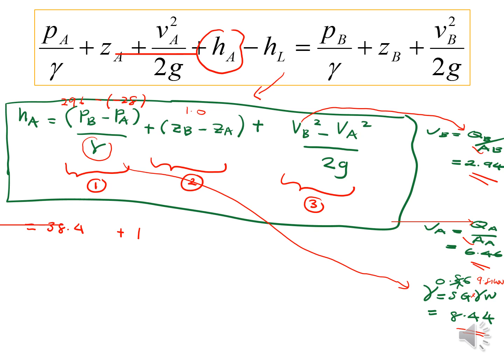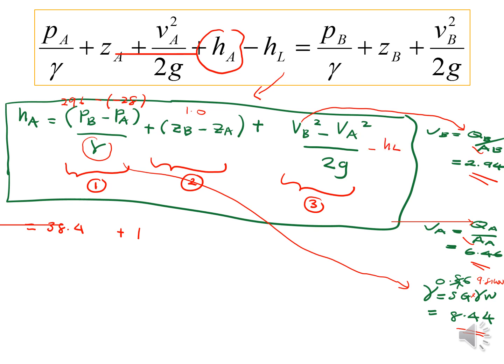Oh yes, I forgot that there's another item here, which is the HL, which is minus HL. The value of HL can be obtained from the question, because the question provides us the value of HL. Since it is minus, it is minus HL.